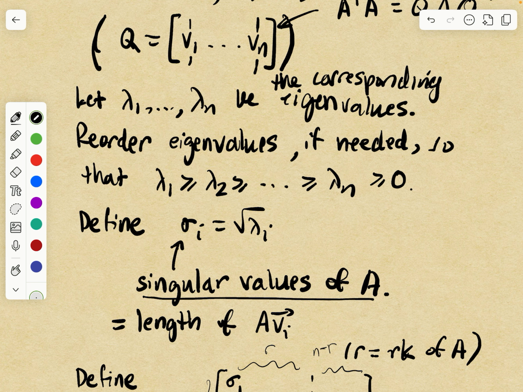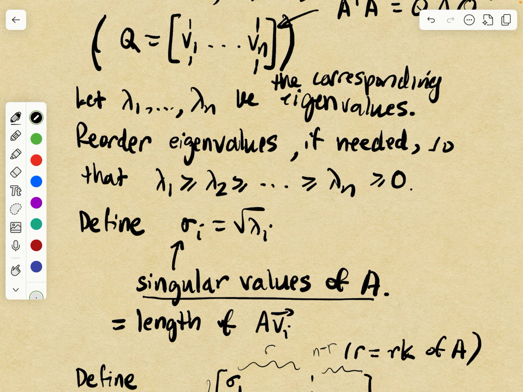And the number of eigenvalues, when you count with multiplicity, that are 0 is going to be n minus r. So basically, if A transpose A is not invertible, then some of these lambda i's will be 0, and it turns out that you're going to have n minus r zeros.